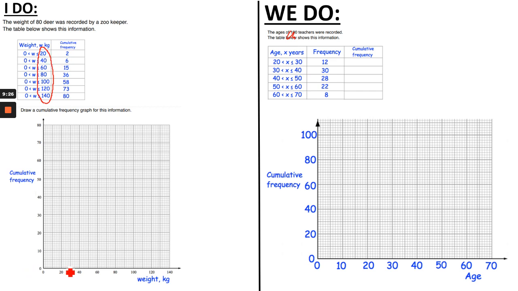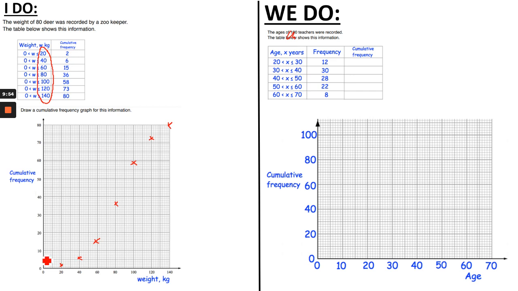So we've got 20 and 2, 40 and 6, 60 and 15, 80 and 36, 100 and 58, 120 and 73, and 140 and 80.